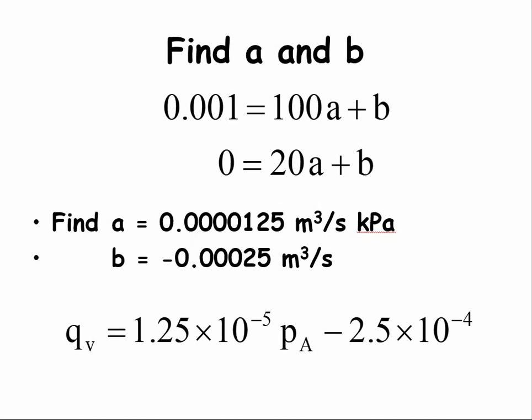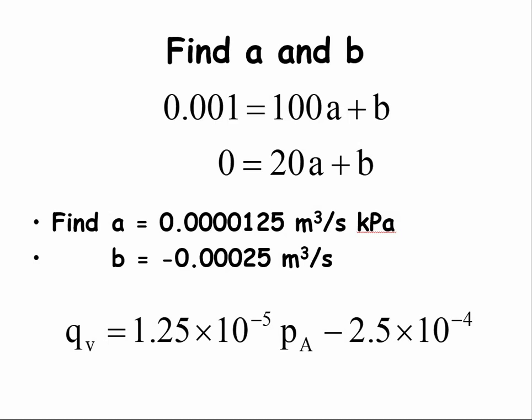Now we have two equations with two unknowns, A and B. Solving for A and B, we find that A equals 1.25 times 10 to the minus 5 cubic meters per second kilopascal, and B equals minus 2 times 10 to the minus 4 cubic meters per second. Based on the previous example, you can see that the gain of this valve is 1.25 times 10 to the minus 5.